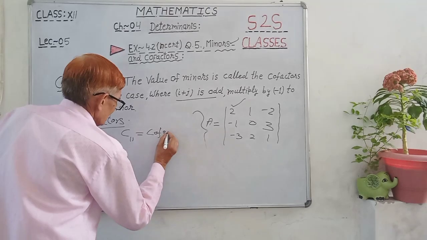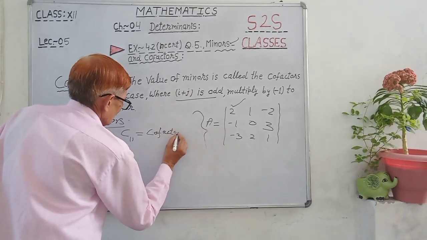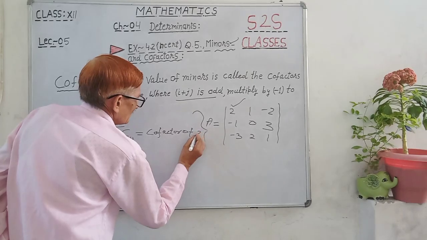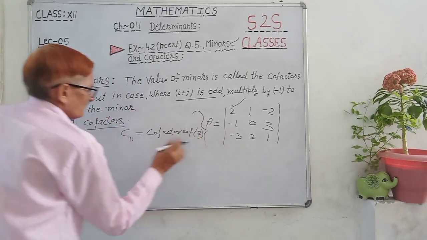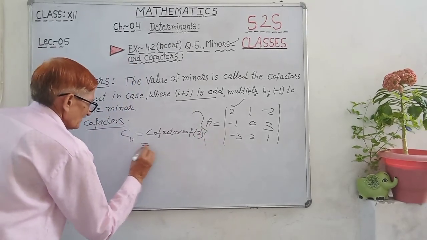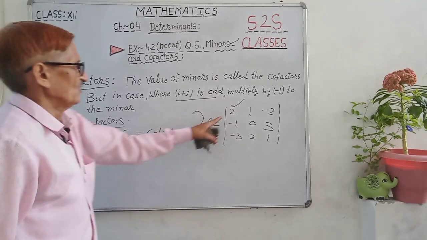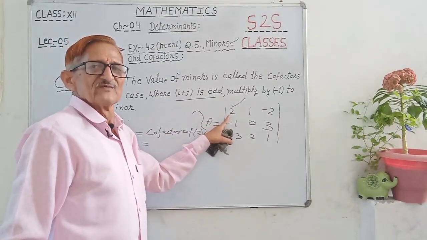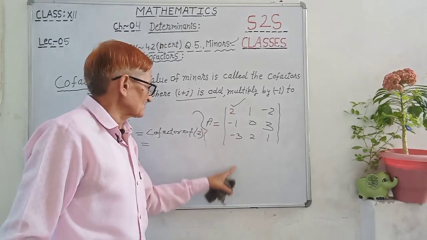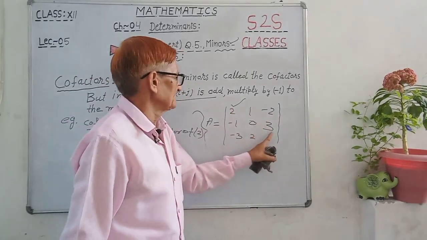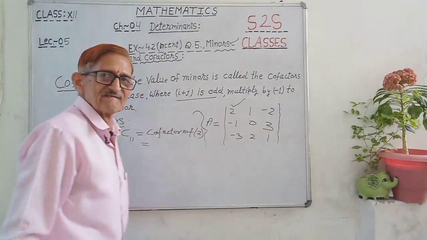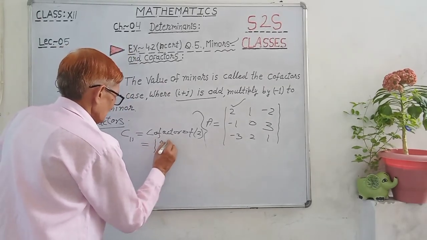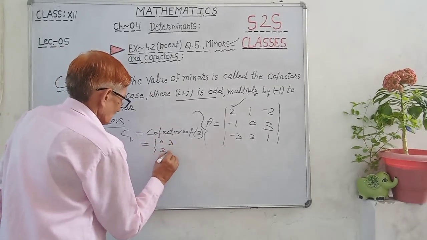Along this row and column, cancel the first row and first column, remaining 0 3, 2 1. Expand this.